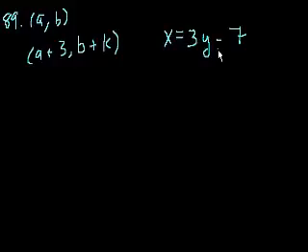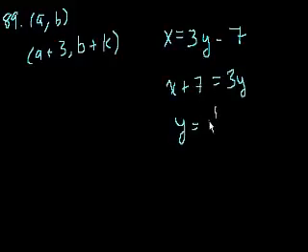Okay. Well, let's just define y in terms of x. So you get x + 7 = 3y. y = 1/3 x + 7/3.